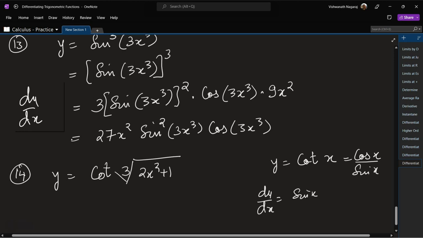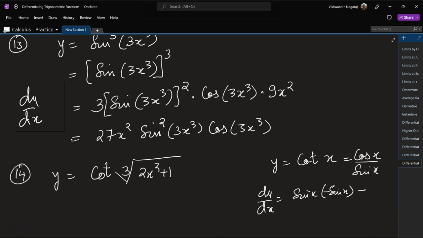So sine x as it is, derivative of cos x is minus sine x, minus now derivative of sine x is cos x, right?